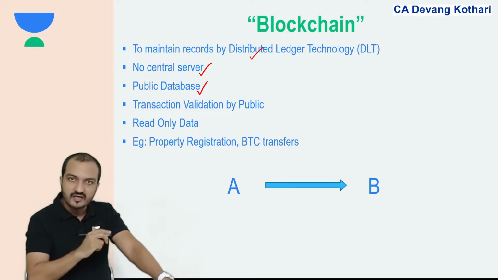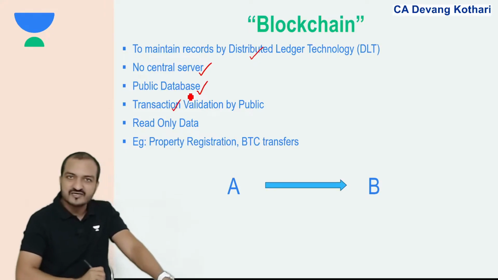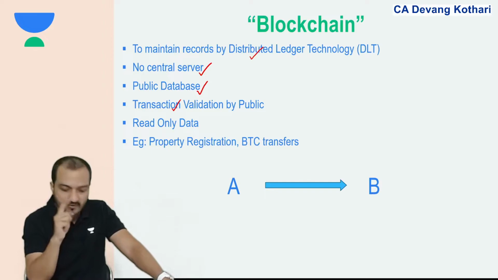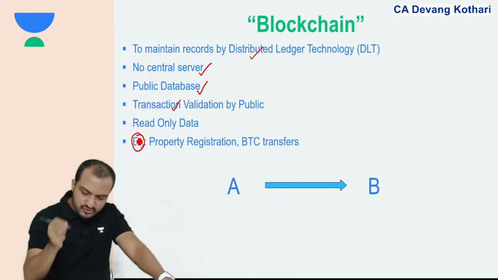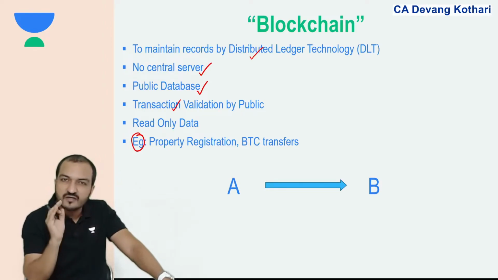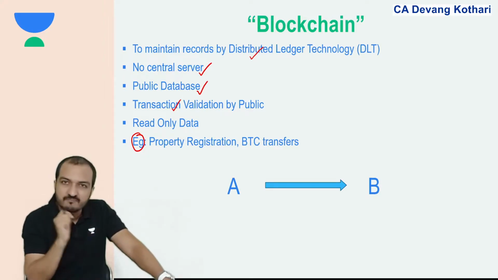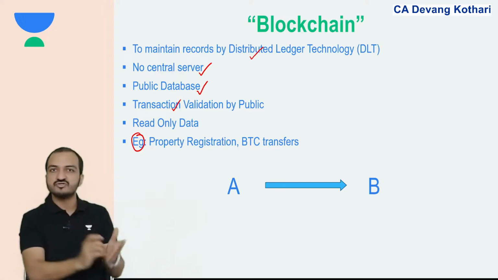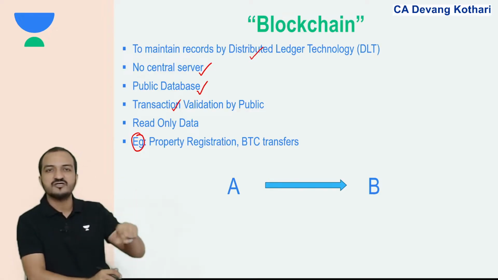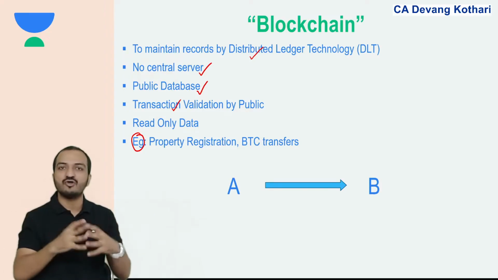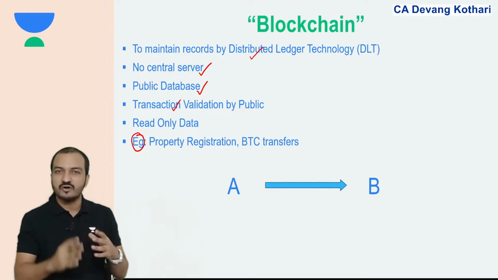Plus, the speciality about this is that every transaction is also validated by the public. I'll give you an example later to understand each of these things, but first, let us see the keywords here. Every transaction will be validated by the public, meaning by the members of the blockchain. Once the validation is complete, the transaction will be added to the chain of blocks. So that's why it's called a blockchain.